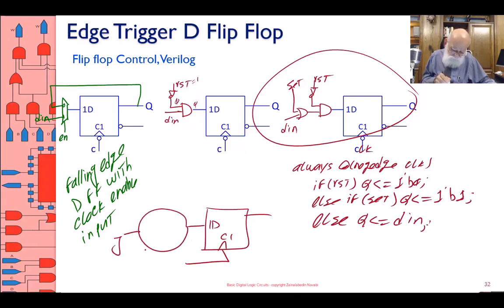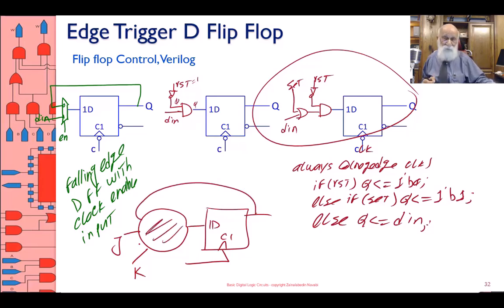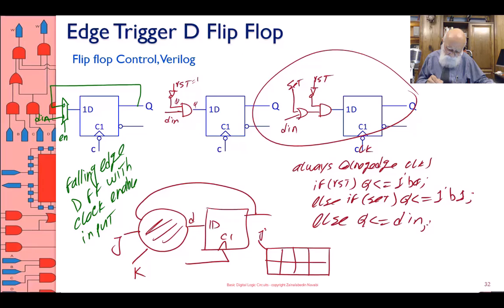This is J, this is K. Bring Q into this logic, design this logic, as such. JK, Q, and D, which becomes your Q plus.